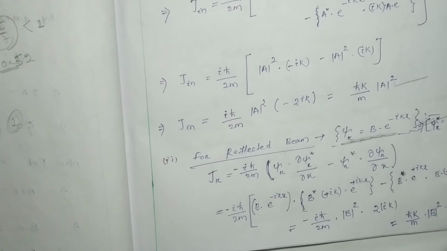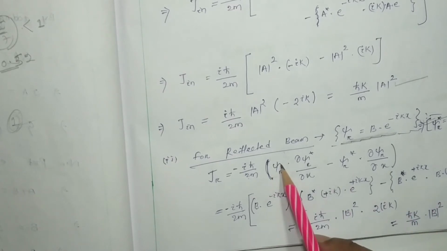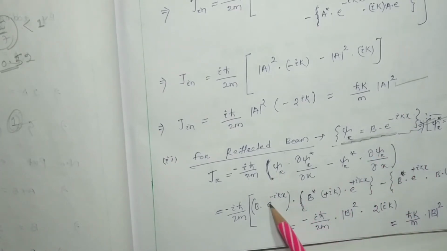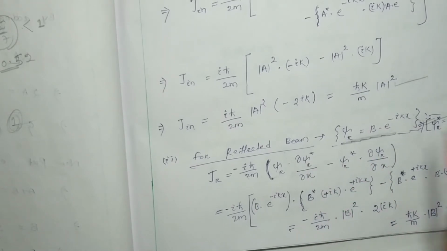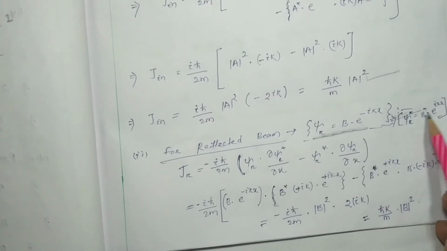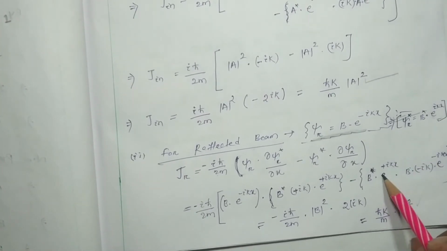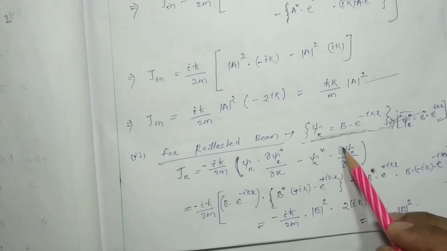So you put these values: psi r is B e to the minus ikx, into the derivative of this one, which will be B star into plus ik e to the plus ikx, minus psi r star, which is nothing but B star e to the ikx, into the derivative of psi r.